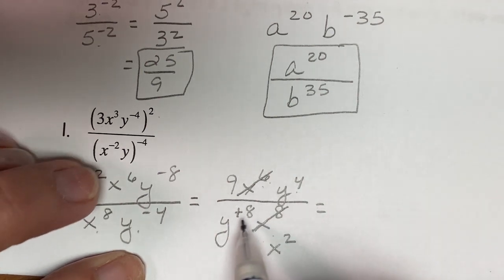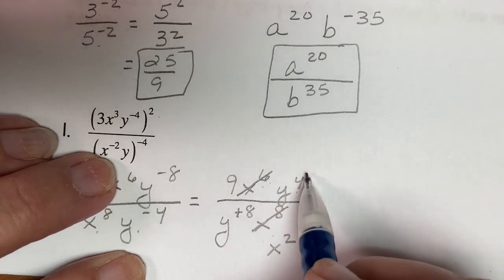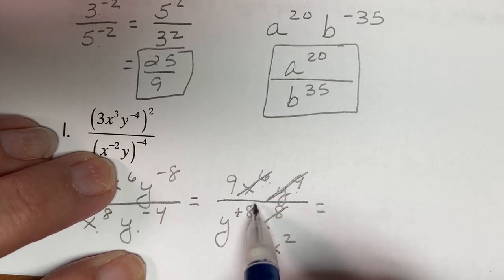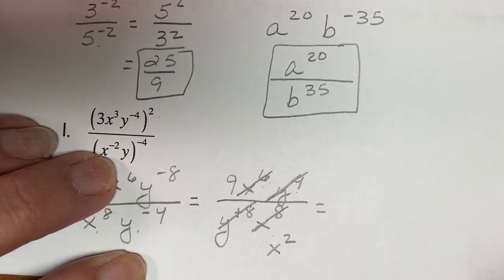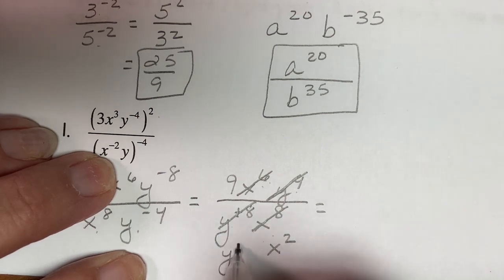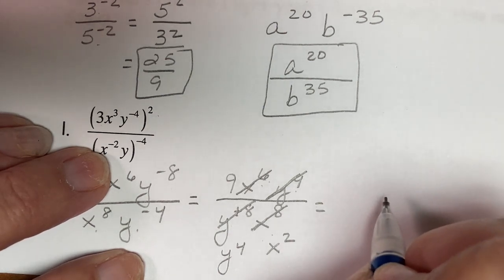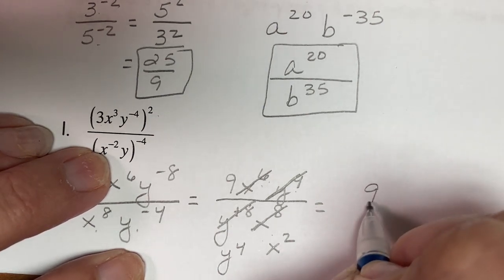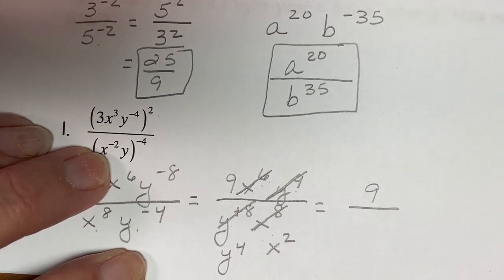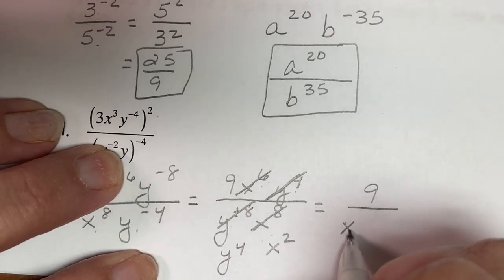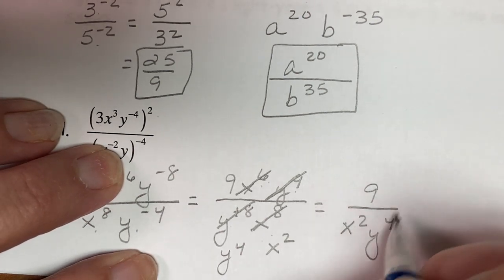We have a y to the 4th and a y to the 8th. So y to the 4th will cancel with 4 of the 8 downstairs, leaving me with y to the 4th power. So when all is said and done, the 9 is the only thing that's left in the top, and we have on the bottom x squared y to the 4th.